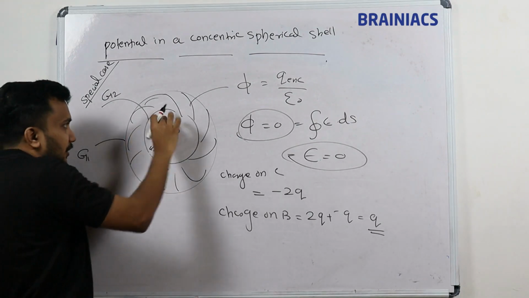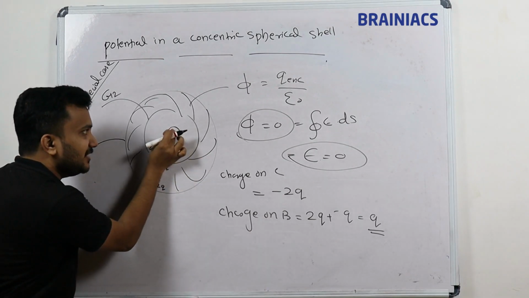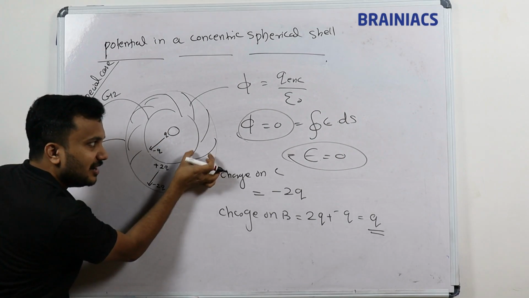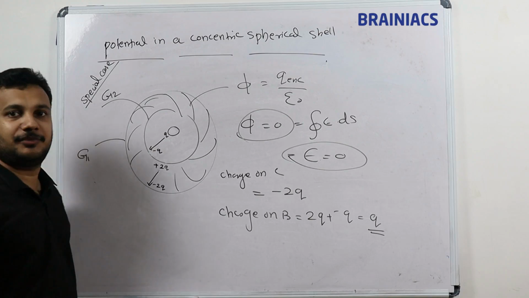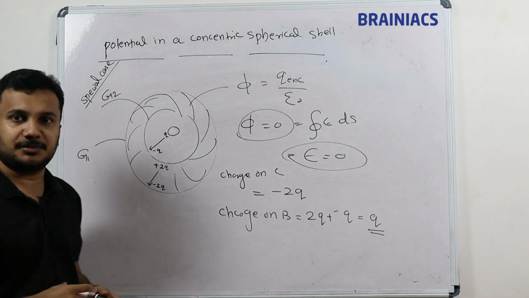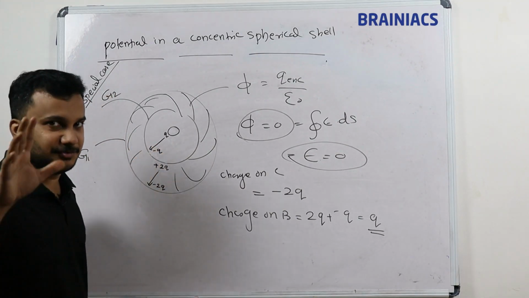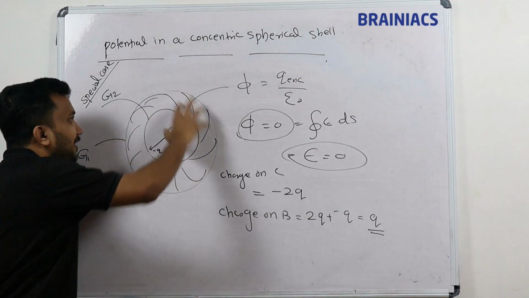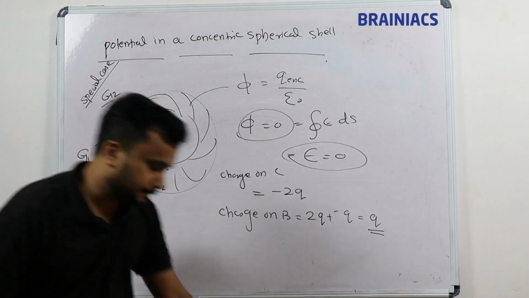So whenever you see a shell gap, this is not just a circle, this is a shell gap. Whenever you see a shell gap, flux is equal to 0 and electric field is equal to 0. Important concept. This one is very, very important to understand this stuff. So always remember, with shells, one charge will be induced on the other, and in the gap the flux will be equal to 0 because both are of opposite signs to each other.